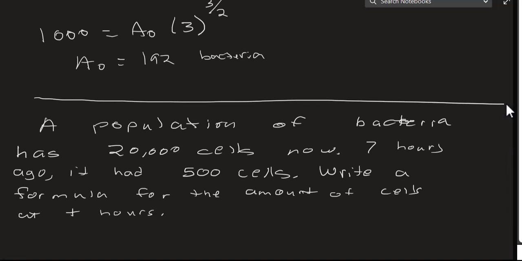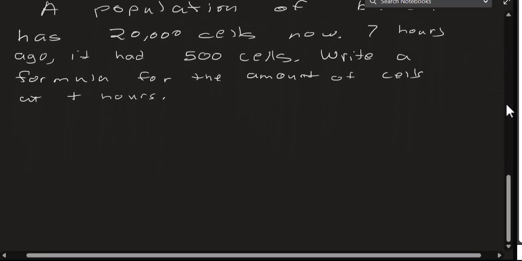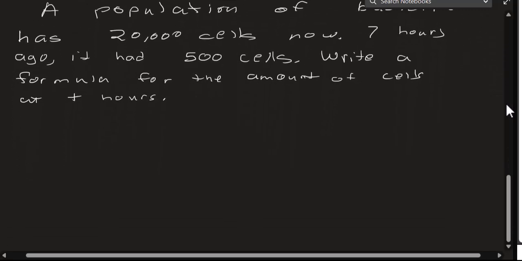Okay, so we went from 500 to 20,000, that is times 40, and so we could say it goes up by 40 times every 7 hours, but that's not usually how we do this. Usually the way we do this is with the formula that has e in it.